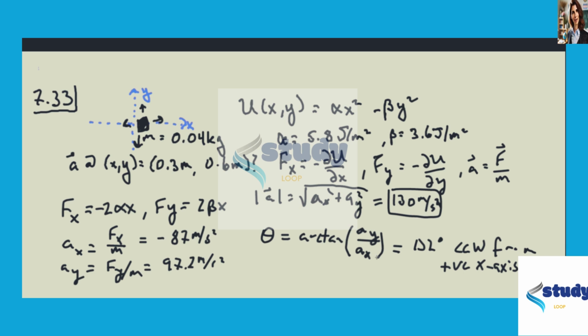Depending on the implementation of the arctangent function you have on a calculator or on a computer, you may have to do a little bit of thinking, because the arctangent of this without the negative sign is 48.2 degrees.